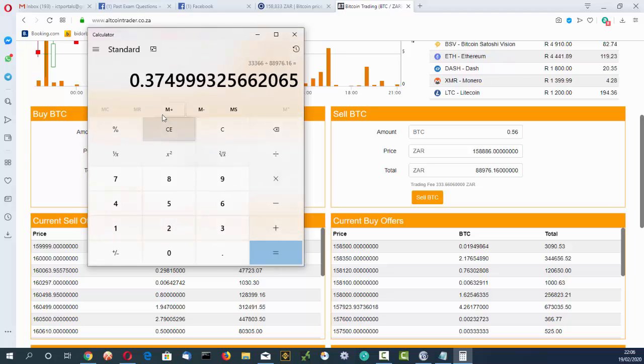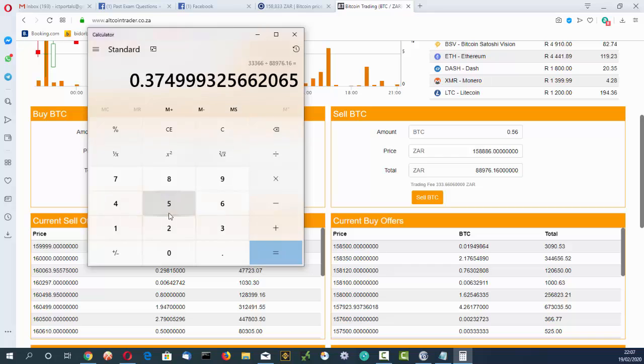You have to multiply it by 100, because you are calculating a percentage. The 100 must be there. You must multiply by 100. That is how it is.